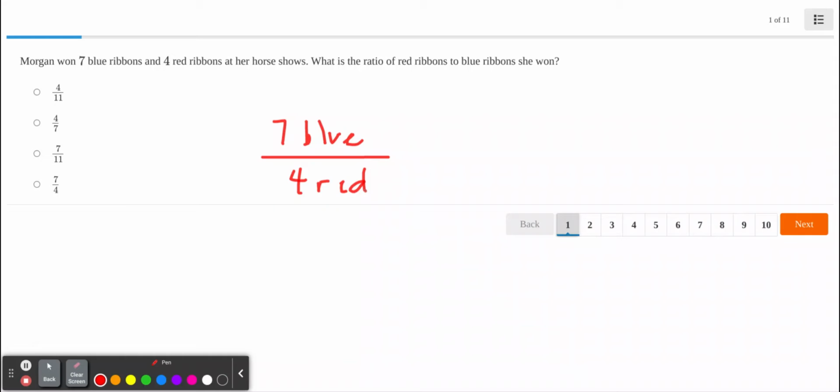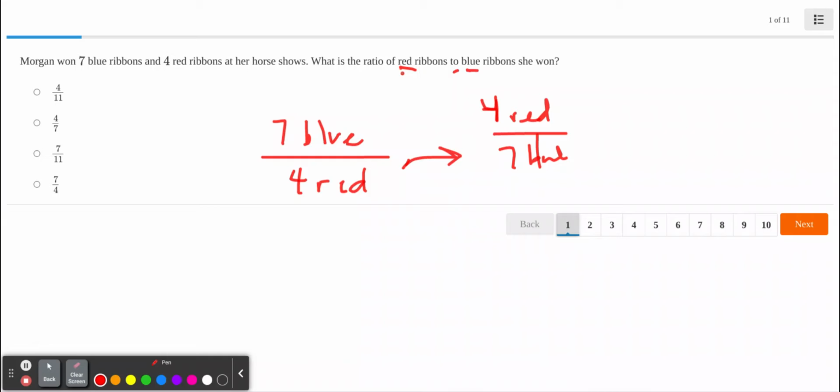So if I looked here, it was 7 blue to 4 red, but they're asking me red to blue, so I need to flip this upside down. For what we're looking for, we want our red number on top. That was 4 red and 7 blue. And I know this is it because I need red to blue. That means red will be my top number, my first number.